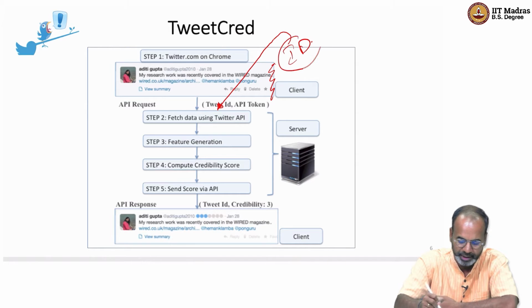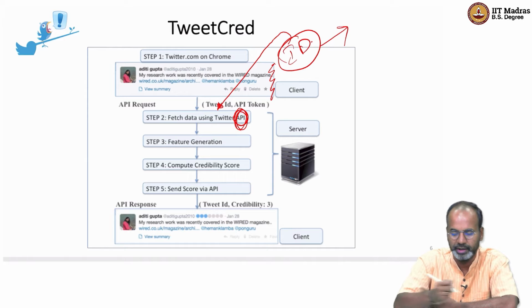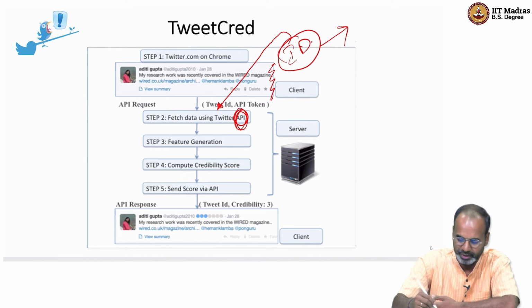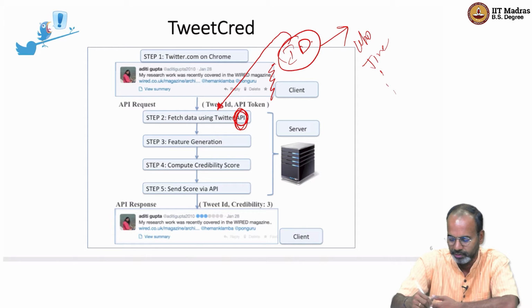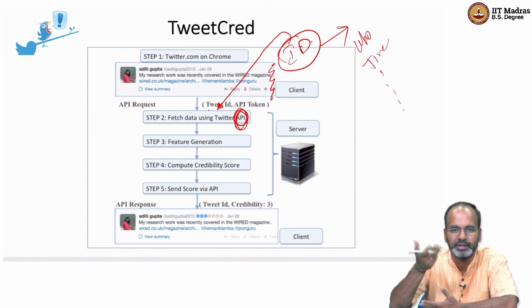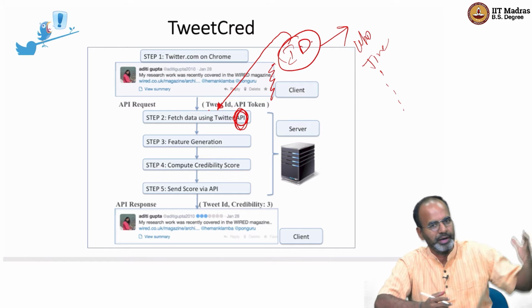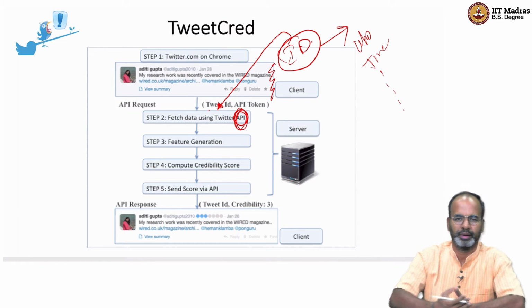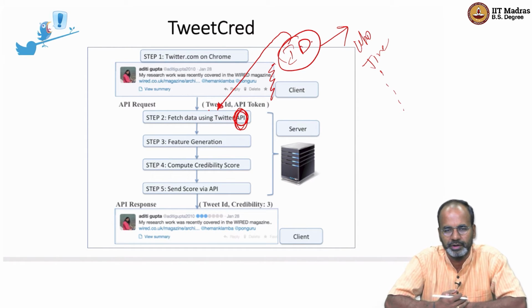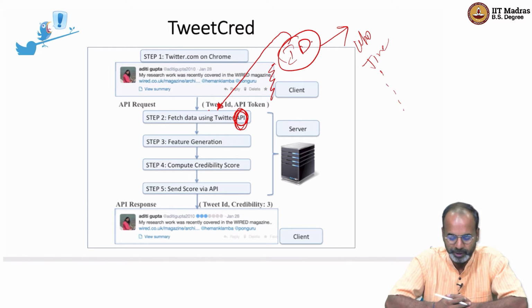Now that I have the ID, I can go to the Twitter API and say, please give me all the data about this tweet, which is who posted it, time of the post, all of the features that we have already seen, 65 features. That's why we were building all of it until now in terms of the social media content, in terms of what fake news is, all that, so we can actually see how these solutions work.